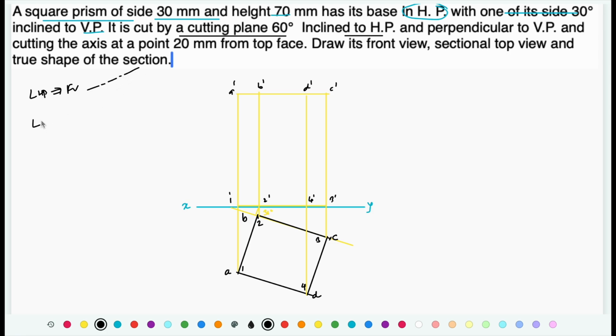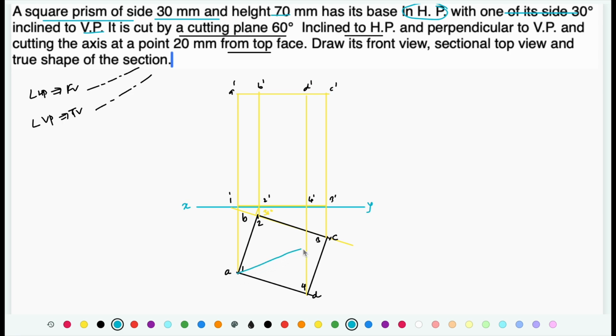If cutting plane is inclined to VP, then cutting plane is going to be visible in top view. Okay, so it is inclined to HP at 60-degree, perpendicular to VP, and cutting the axis at a point 20 mm from the top face.